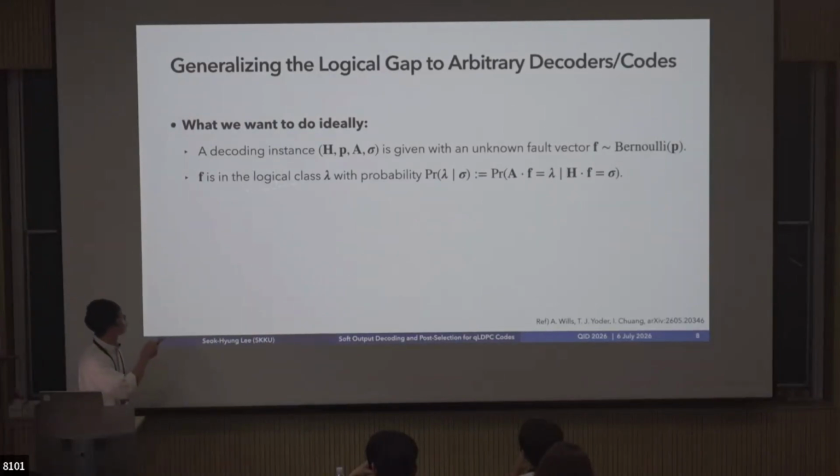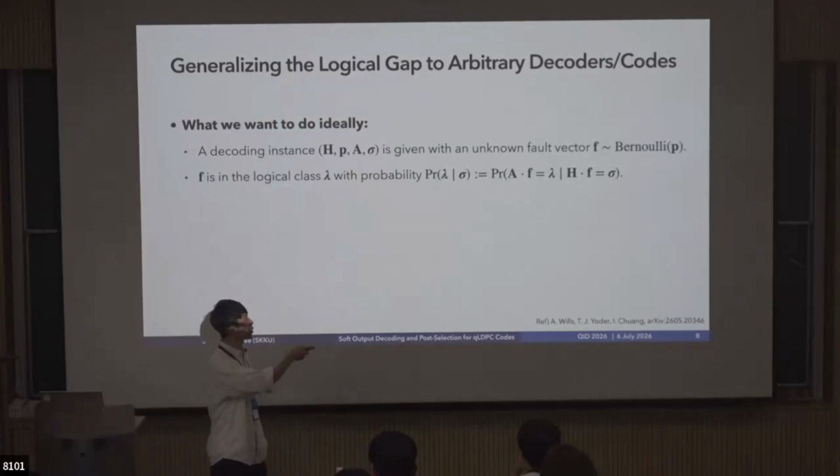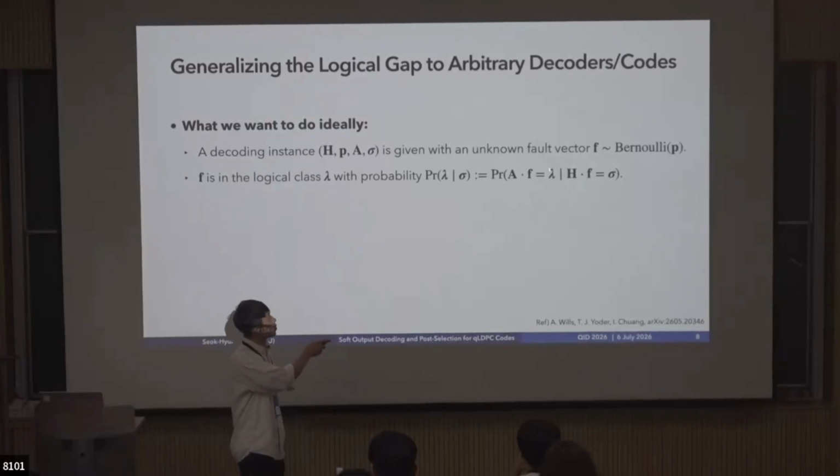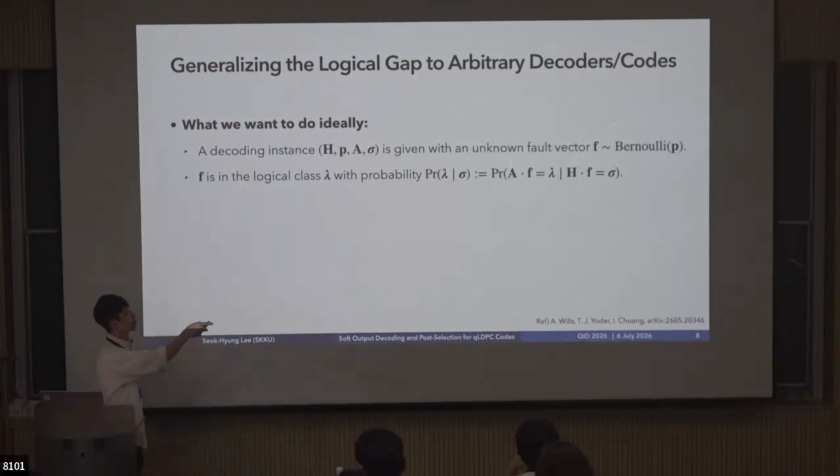So F is in the logical class lambda with this probability, assuming that the syndrome constraint is met. Let's simply denote it as the probability of lambda conditioned on sigma.